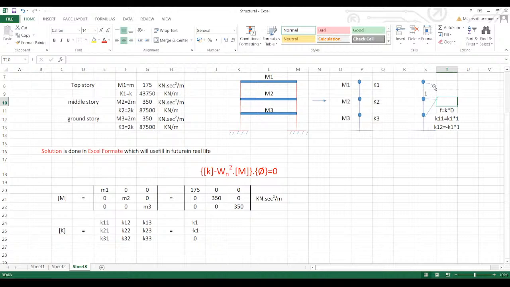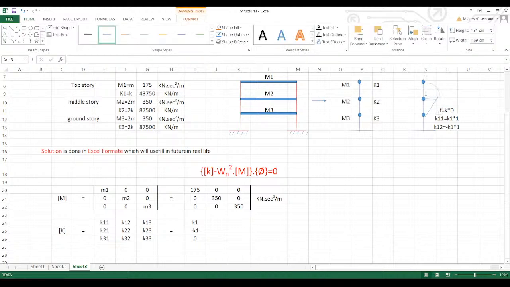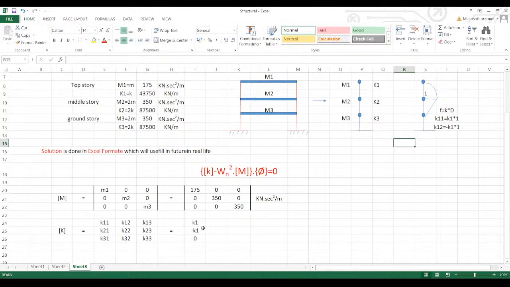What was the effect? That means K1 is -1, minus K1.